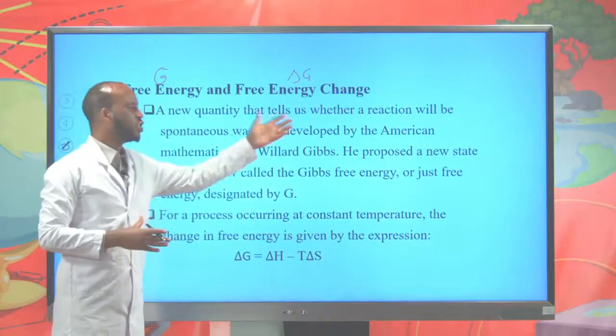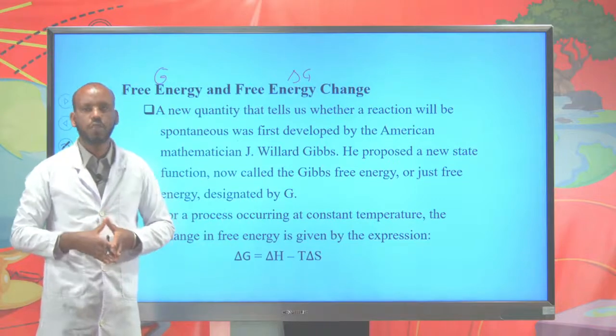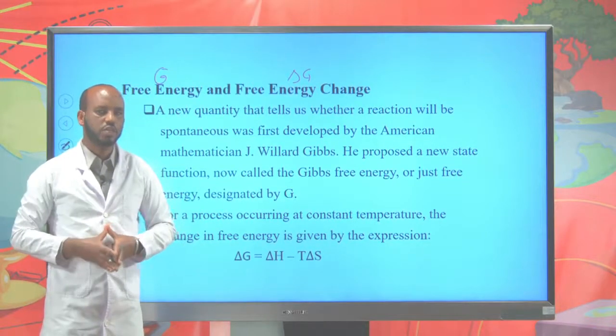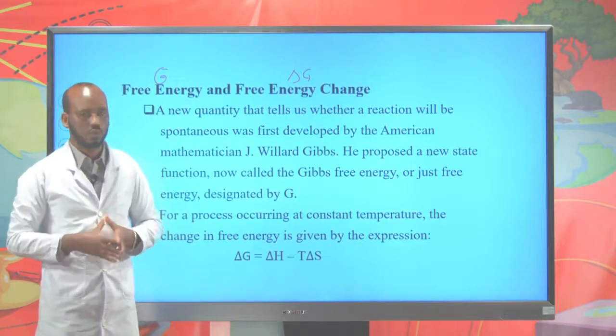The Gibbs free energy change enables us to know whether a given reaction is spontaneous or non-spontaneous.